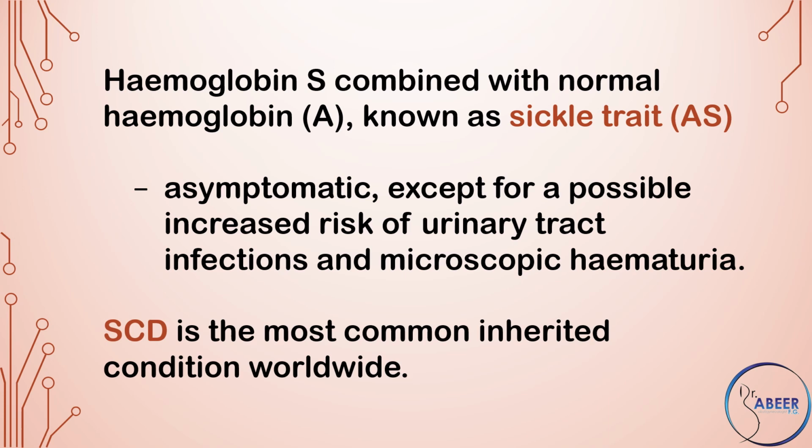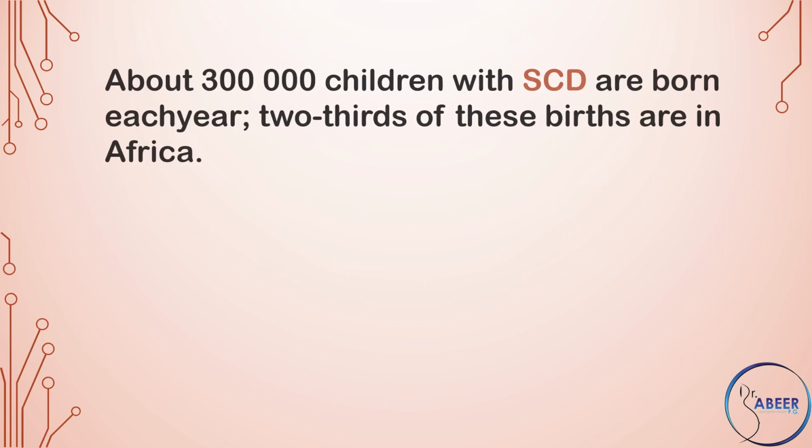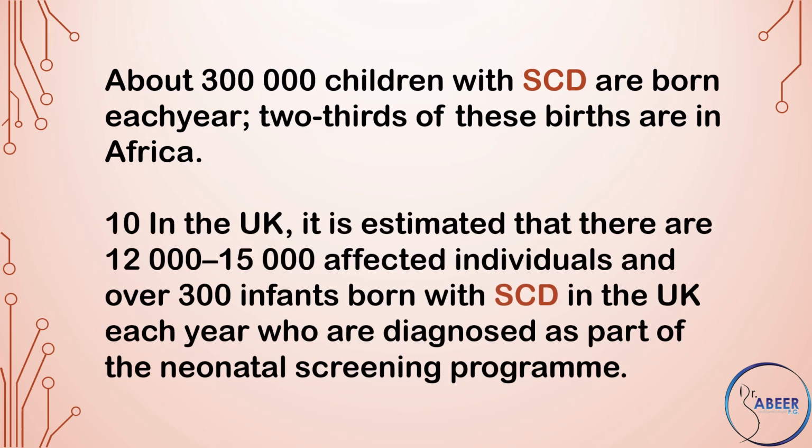Sickle cell disease is the most common inherited condition worldwide. About 300,000 children with sickle cell disease are born each year. Two-thirds of these births are in Africa. In the UK, it is estimated that there are 12,000 to 15,000 affected individuals and over 300 infants born with SCD in the UK each year who are diagnosed as part of the neonatal screening program.